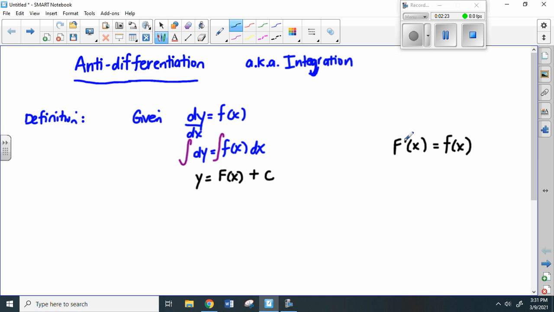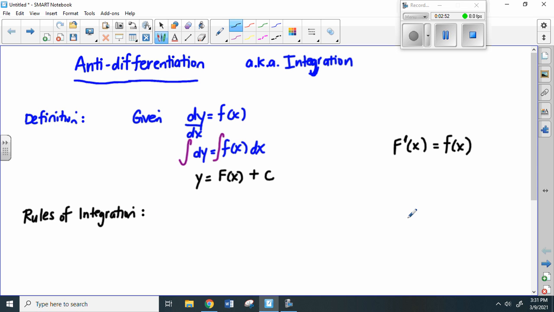And keep in mind that anytime you take the derivative of a constant, it disappears, okay? So that's why I don't really have it written over here. So let's look at some of the rules of integration, and then we will look at some practice problems.